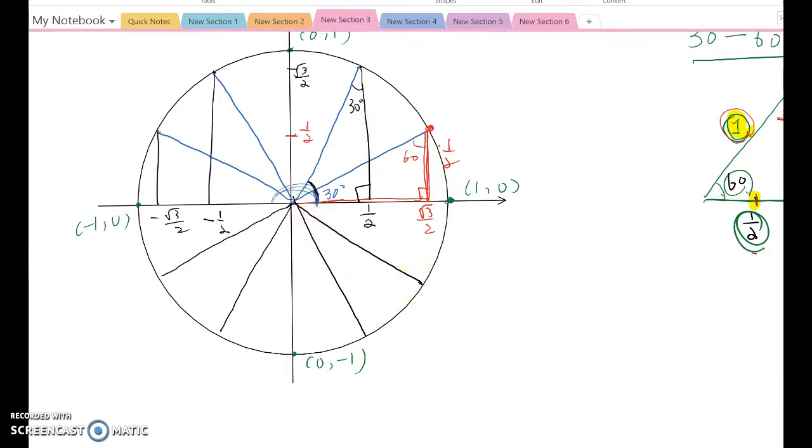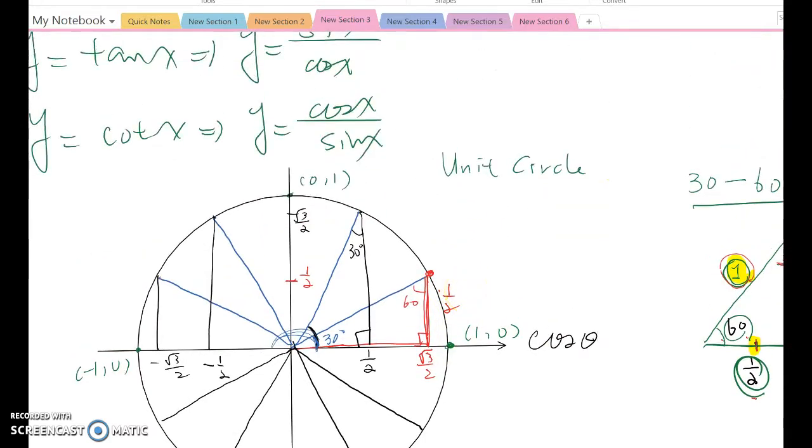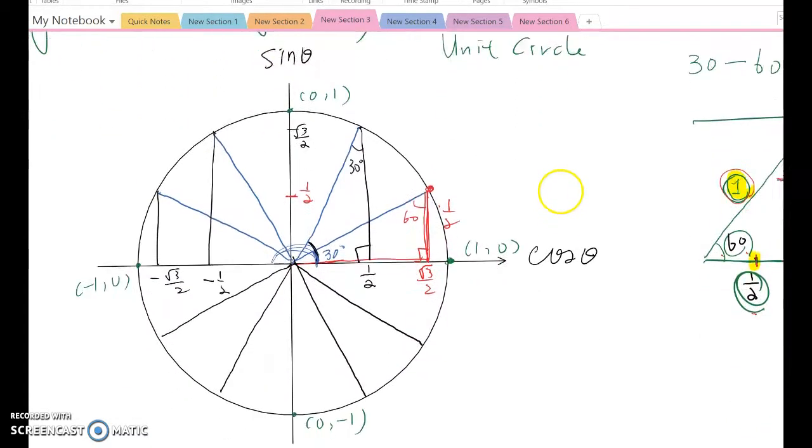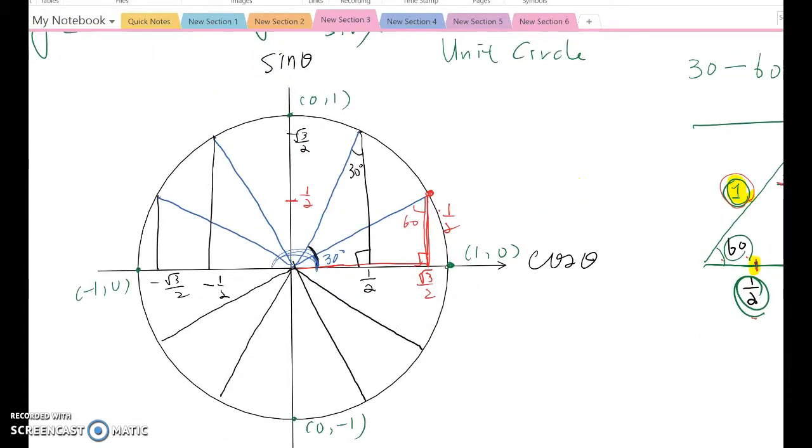For the unit circle, the horizontal x-axis usually indicates cosine theta, and the vertical axis is sine theta. So what does this mean? When we indicate the ordered pair, the x value will be cosine theta and the y value will be sine theta here.